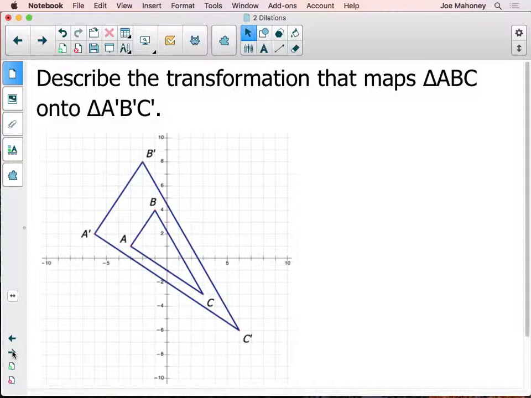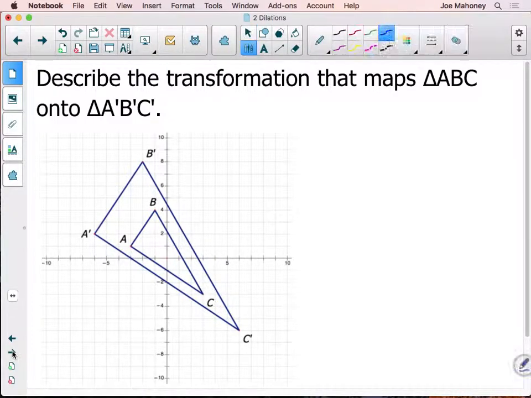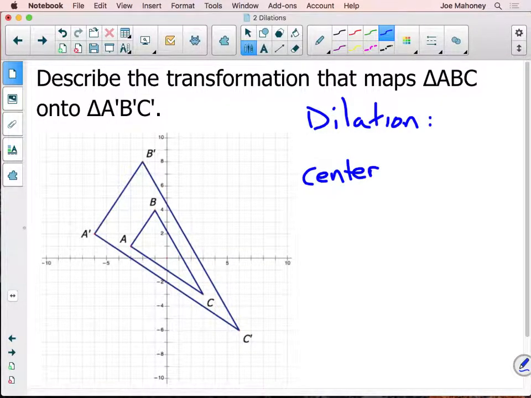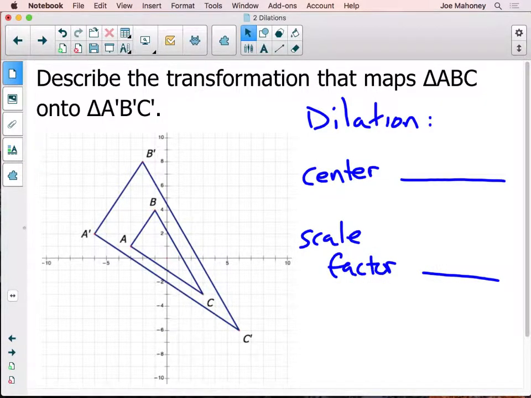Dilation, yeah, the size changed. So my answer is going to be a dilation. But a dilation needs two things. It needs the center of dilation, and then it needs the scale factor. I need those two things. So first I identify that it's a dilation.